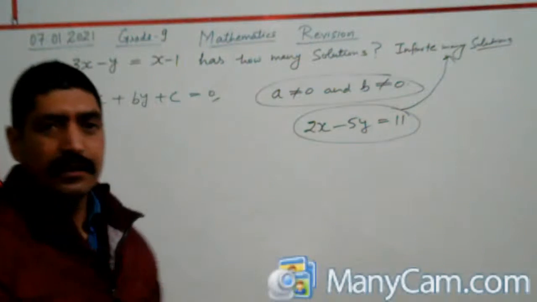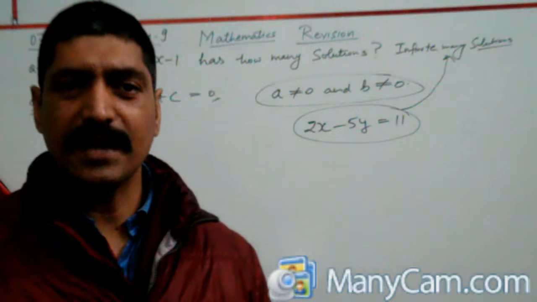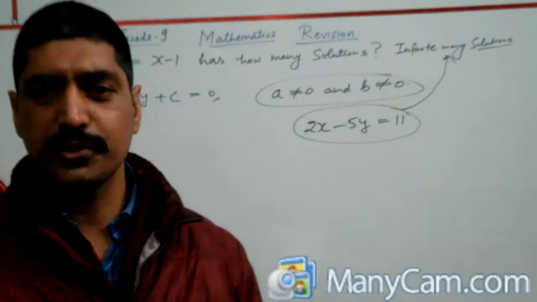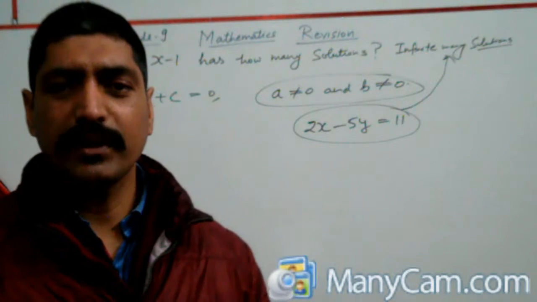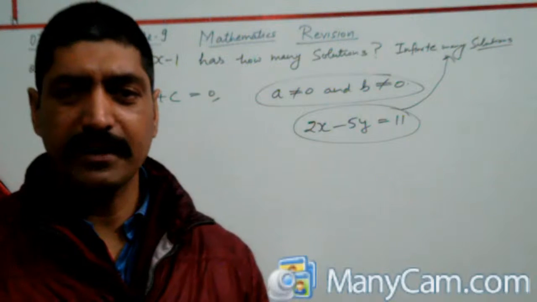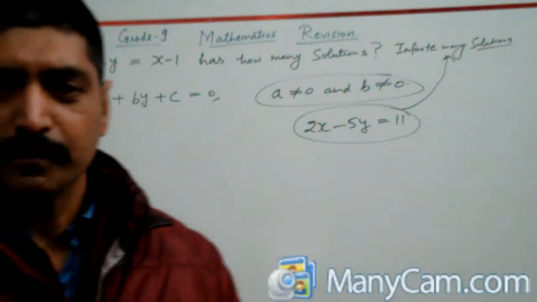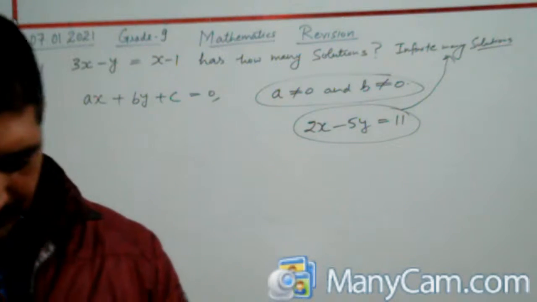When we have a linear equation in two variables, it always has infinitely many solutions. We are just finding 2, 3 points to plot them on the graph, but there are infinitely many solutions.